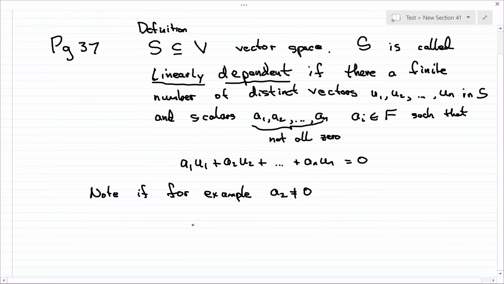You could write A2 U2, and bring all these other vectors to the other side. For instance, A1 U1, A3 U3, etc., A4 U4, so you get your way down to the end, AN UN. And since A2 is not 0, you can divide everything through by A2. On this side, you'll just get U2.